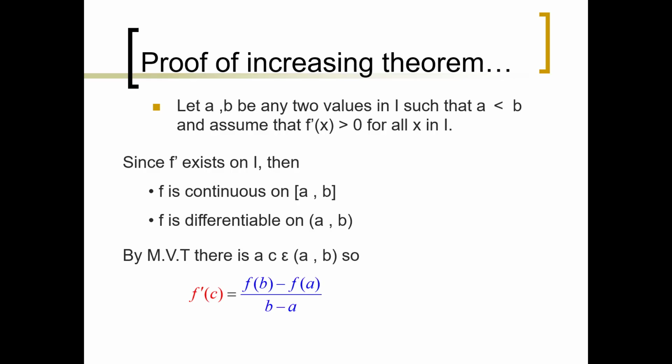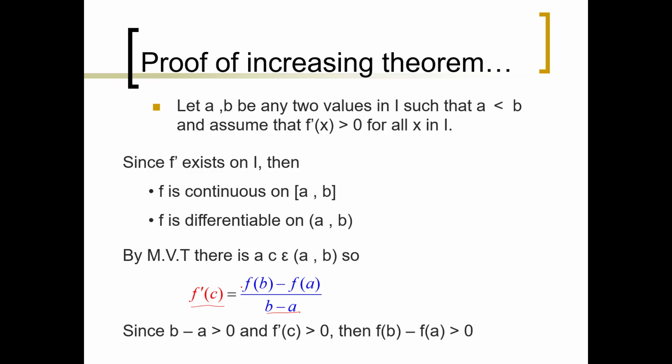So there is a c in the interval from a to b, so that f prime of c equals f of b minus f of a all over b minus a. Now I don't care what that c is, but I do notice that since a is less than b, the expression b minus a is going to be positive, and I know f prime of c is going to be positive because c is in the interval.